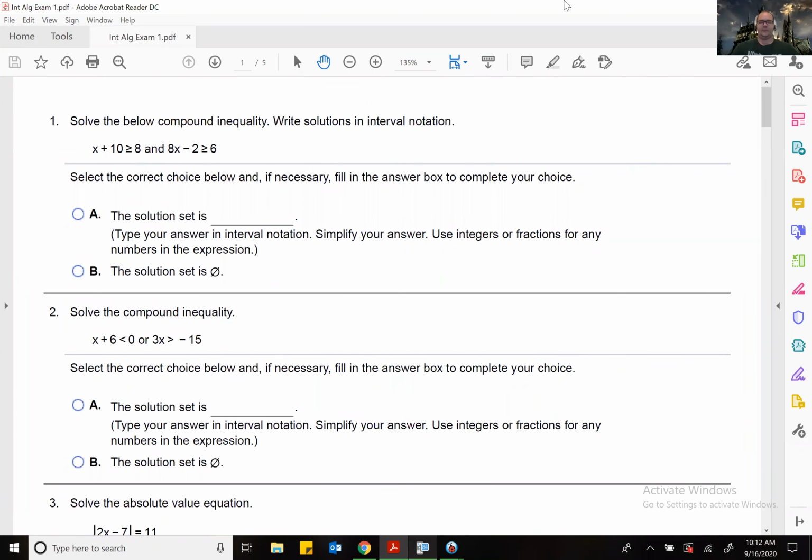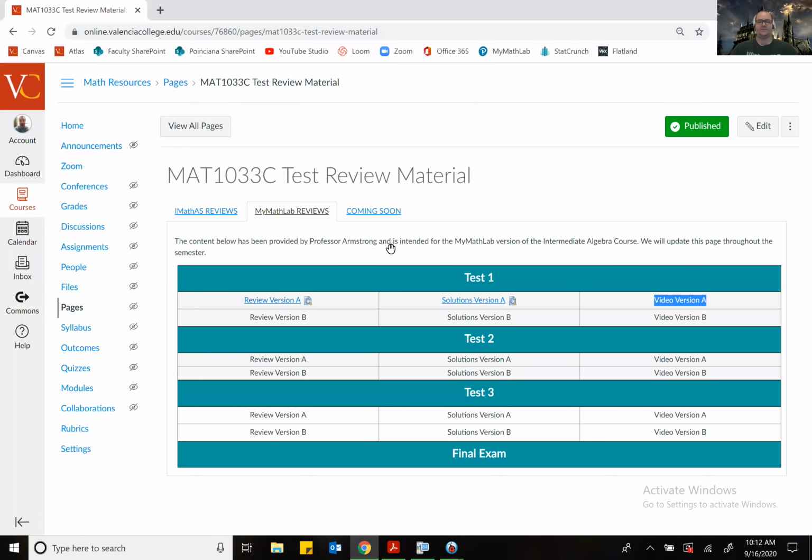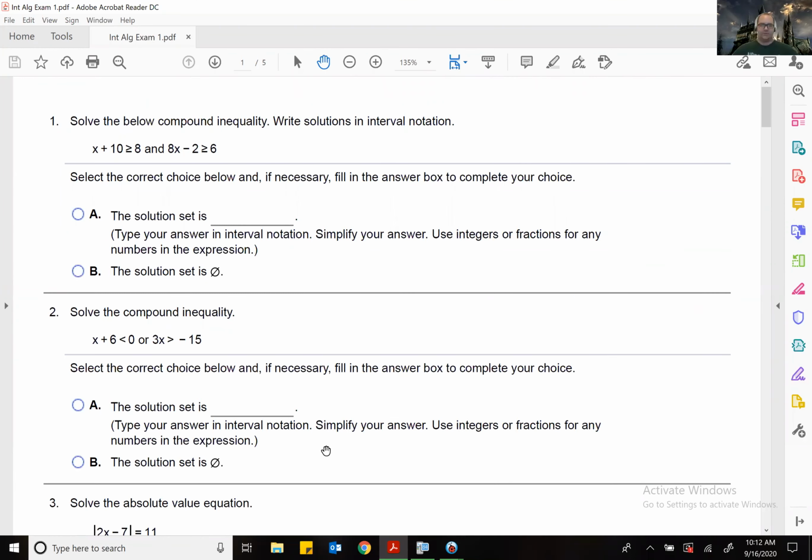I'm gonna get rid of some of my other tabs so that way my computer doesn't lag too much. Okay. So question number 1. It is a compound inequality. What kind of compound inequality is this? This is where you all interact with me.